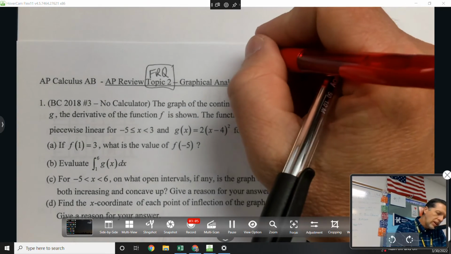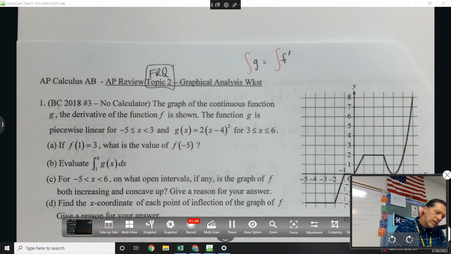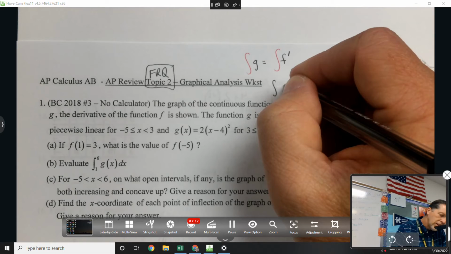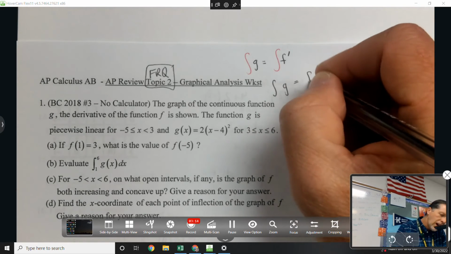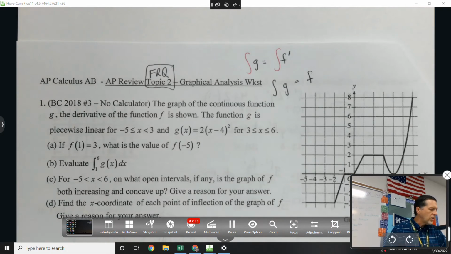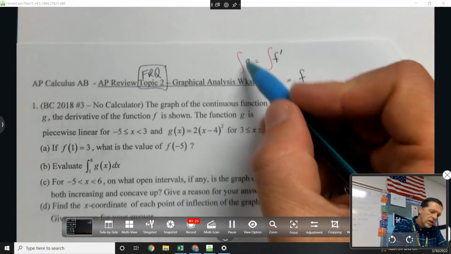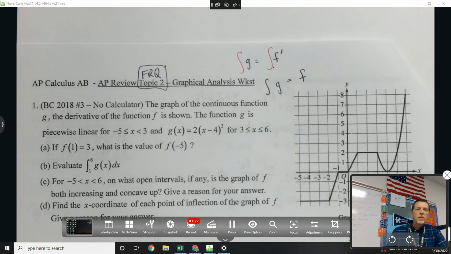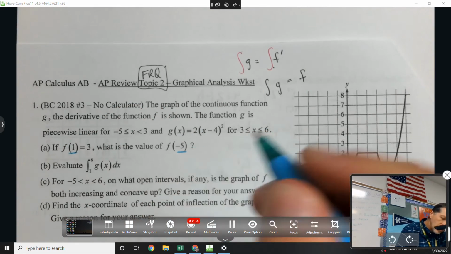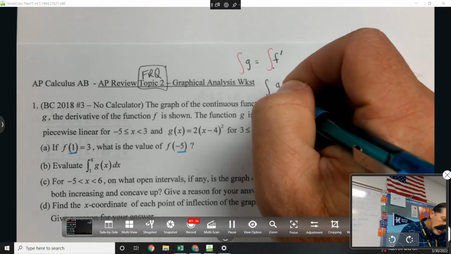So if we integrate both sides, the integral of g is equal to f, but I probably need some limits on there. So what should I use for my upper and lower limits? My x values that I know. So I'm going to go -5 to 1.